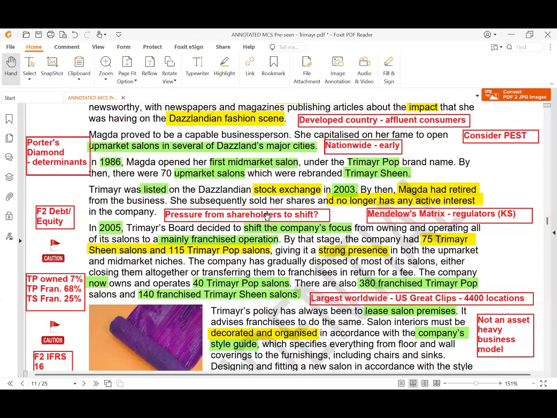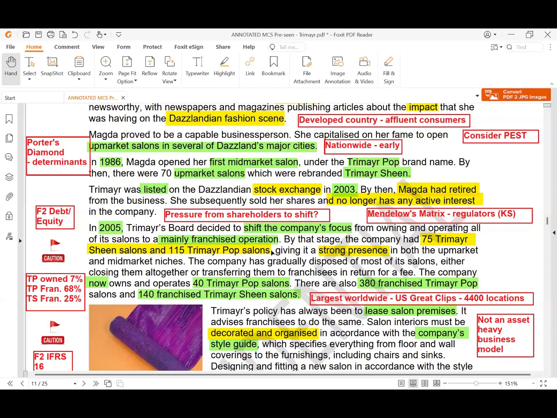Now, I don't know why, but I would have thought there's a possibility it was some pressure from shareholders. Think about it. As a listed company, you've got institutional shareholders, you've got perhaps corporate listed companies. You've also got Joe Public. So one way or another, there was a reason for them to shift into franchising.